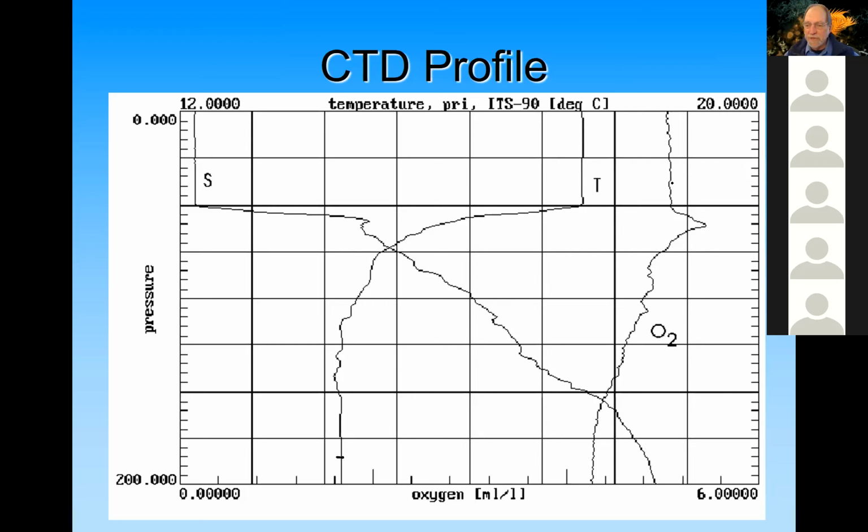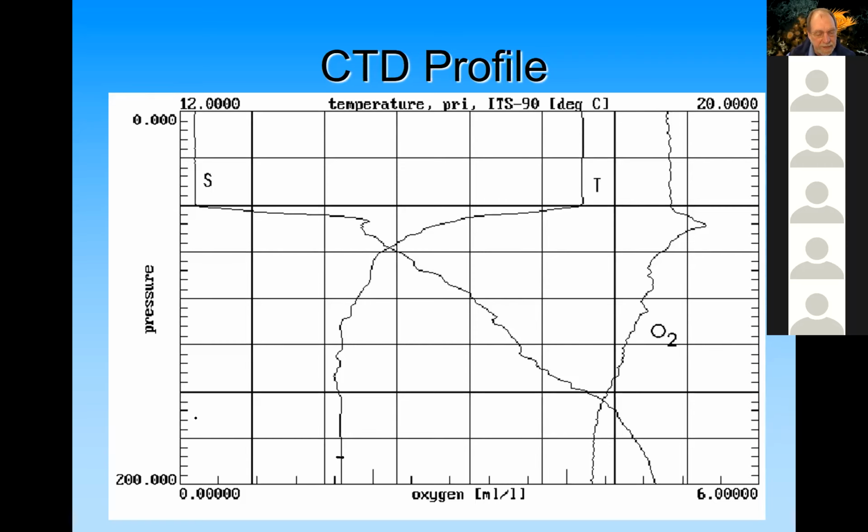So there's an oxygen sensor also on this particular CTD. And this is the pressure, and this is roughly equal to 200 meters of depth. And so we go down through the water, and you can see that the salinity is relatively constant for the first one of these scales here. I guess this is for about the first 30 or 40 meters.